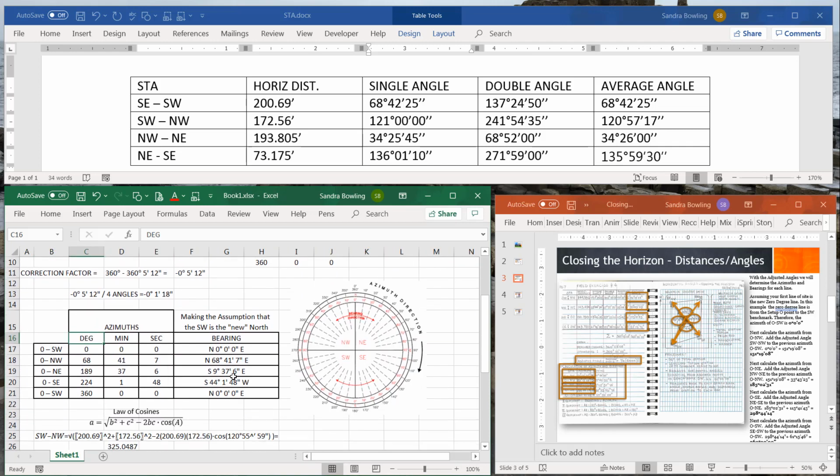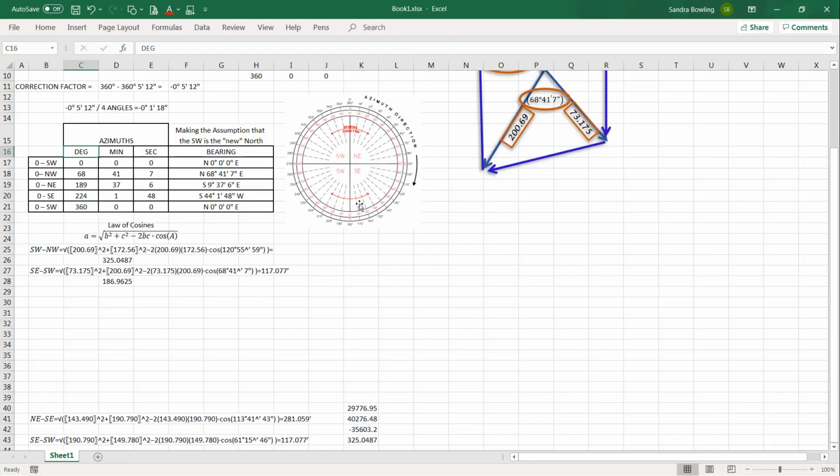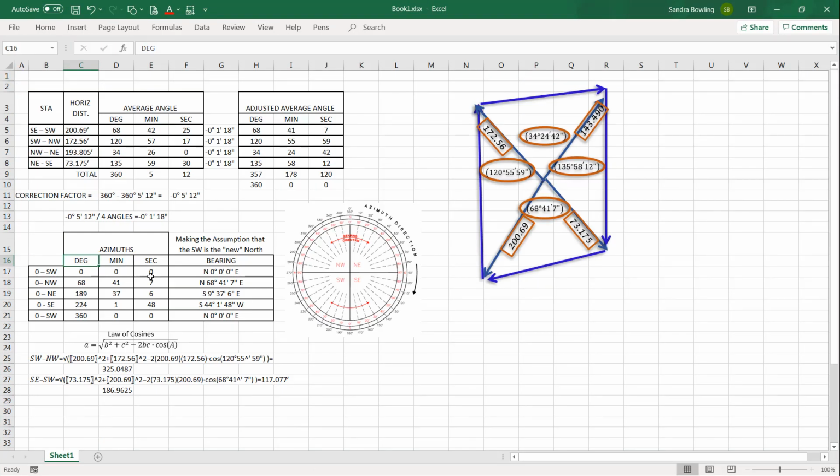So that's what I do over here. I'm taking my very first 0 angle, and the southeast is our new north.